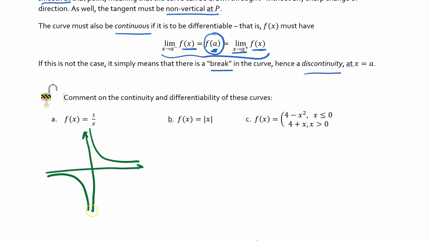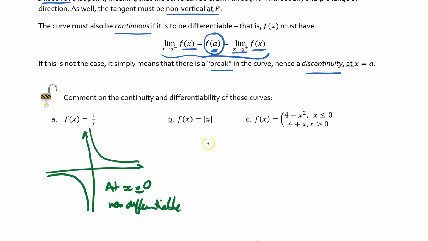It shoots off to infinity, but there's no y value, there's no f of x when x equals 0. And we know all of that. But what it means is that if the curve doesn't exist at x equals 0, then we can't differentiate it. So at x equals 0, it's non-differentiable.